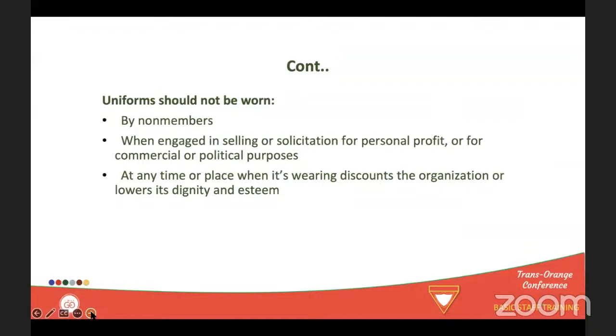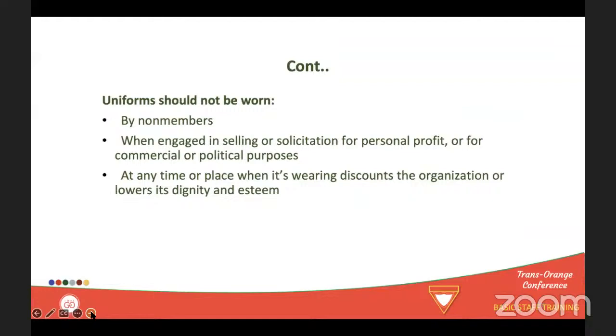Uniforms should not be worn by non-members. If you are not a member, you don't have to wear a uniform. You are not a Pathfinder, you are not an adventurer, you are not a club counselor, you are not any staff member, you are just yourself. The uniform is not for you.